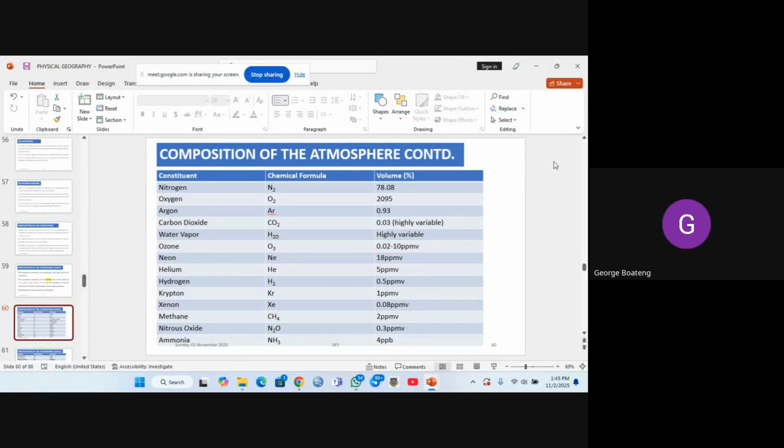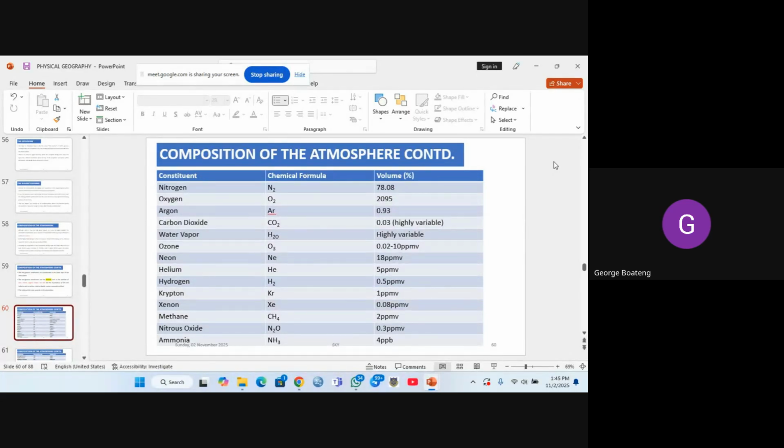Now, we have the composition of the atmosphere like we have talked about, and we have a table showing the very detailed composition.